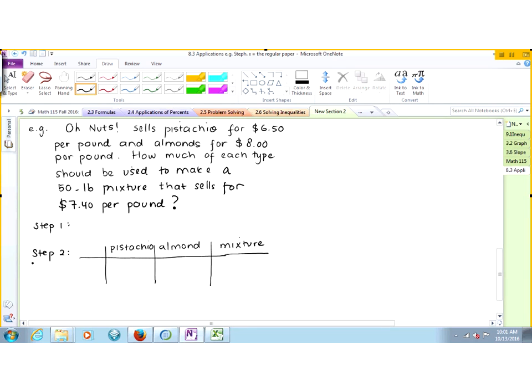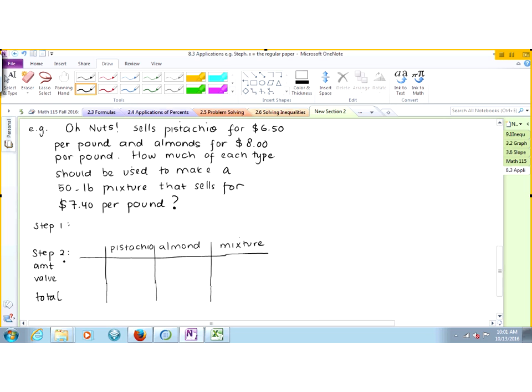Now, the row is always value. It depends on, I'm sorry, not total, but amount. So we're talking about amount. In this case, this is the number of pounds, right? So sometimes it's the price or amount. And then the value. The value in this case is about the price, right? And the last one is the total. So it's always amount, value, and total.